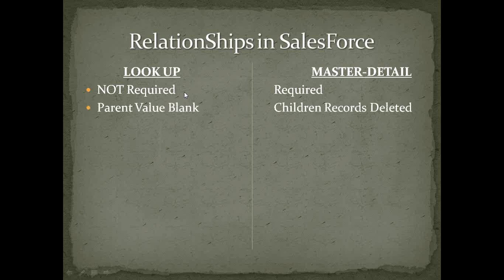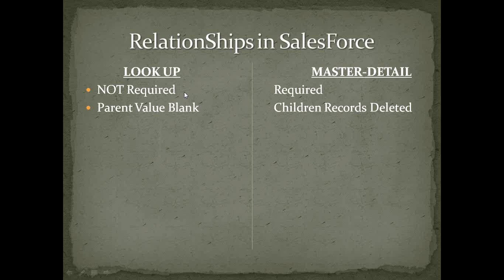Suppose 5 students under faculty A, 5 students under faculty B. If I delete the faculty A record from the faculty object, what will be the effect on the student's faculty field? Lookup field, very simple. The parent value is going to be blank. From faculty A, it's going to be blank, simply.